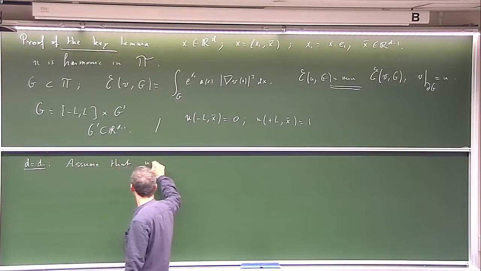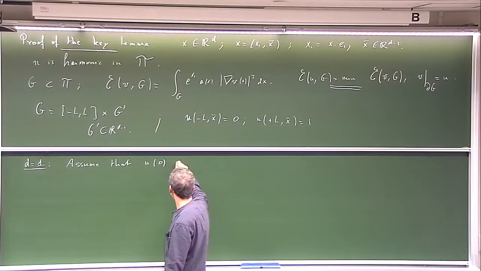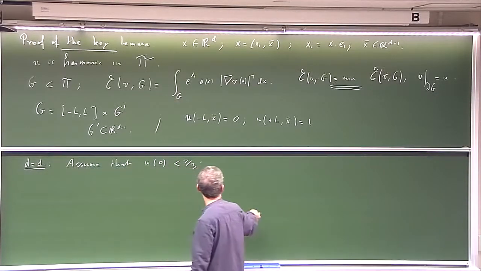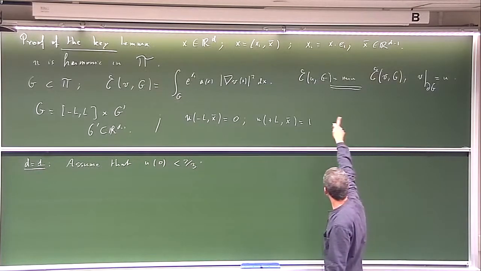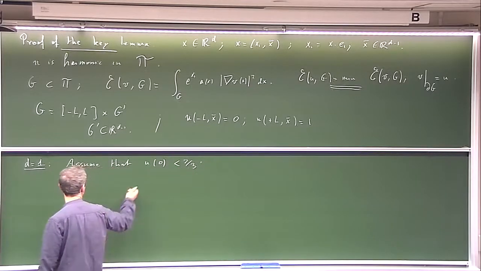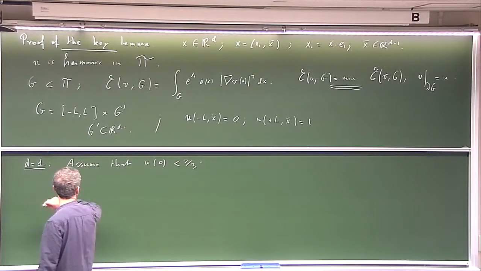So assume that U of 0 is less than 2/3. We get some contradiction when L is large enough by looking at this formula. First, the energy of U cannot be too small, because we can write that.